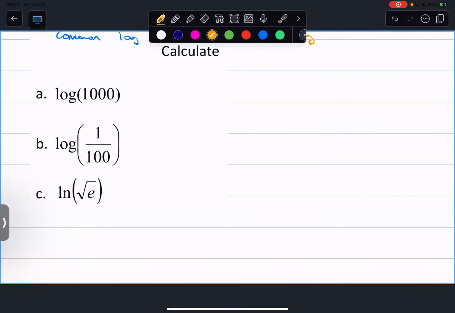And so this is going to be equal to, and just use your calculator to find it, log base 10 of 1000 is equal to 3, right? But notice that 10 to the power of something is equal to 1000, and this is equal to 3.